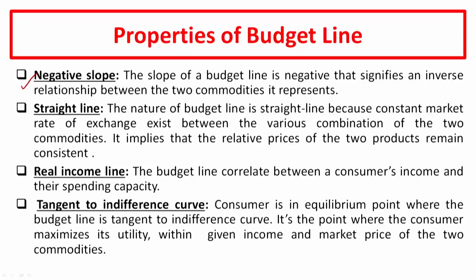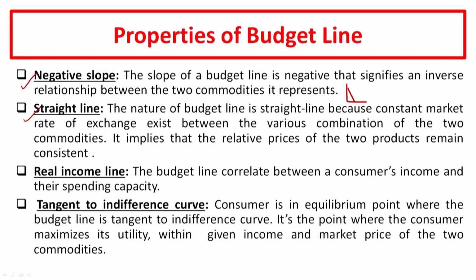And that is the reason why the price line is downward sloping, because if you are going to increase one, you have to sacrifice the other commodity, and that is why price line has a negative slope. Price line is like this, negative slope.